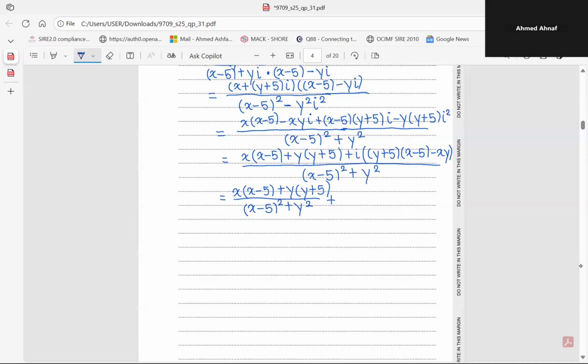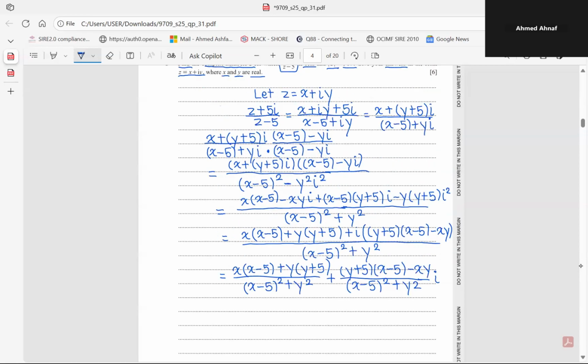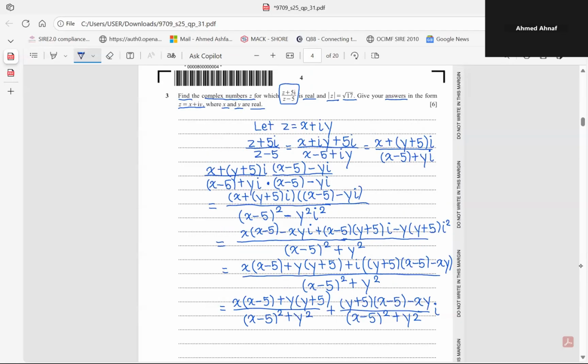And the imaginary part would be y plus 5 times x minus 5 minus xy over x minus 5 squared plus y squared, i.